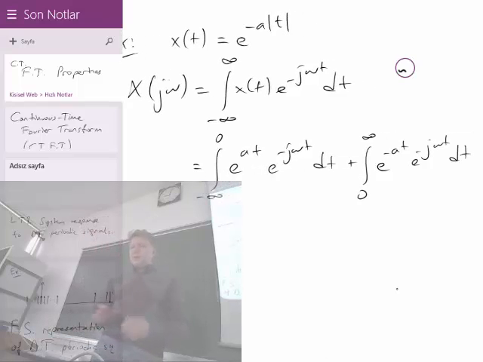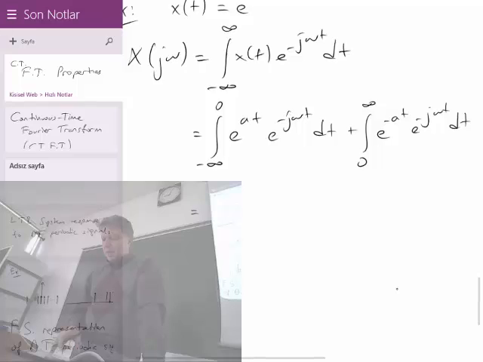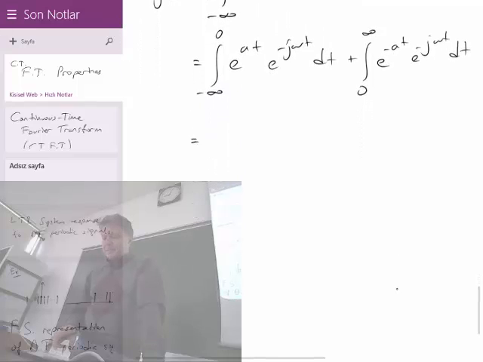So these two integrals are things that we need to solve, and the solutions can be achieved by combining the exponents into one term, and since it's a time exponent, its integral is 1 over that thing with boundaries from minus infinity to 0, or from infinity to 0, and things like that. Just after substitution, of course, we expect this thing to converge, and it does converge for positive a.